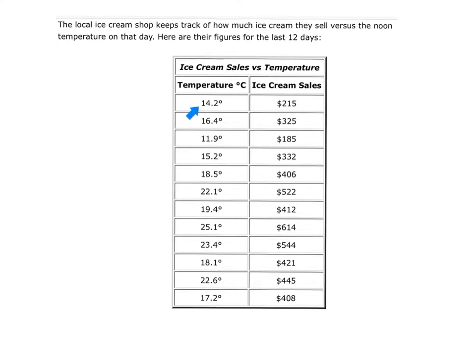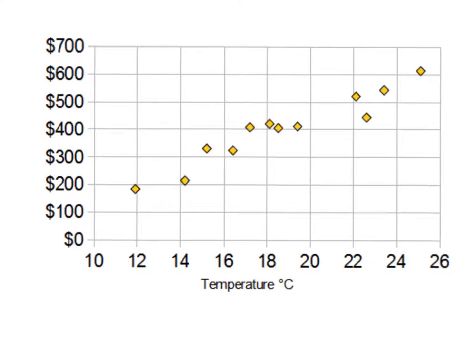On the first day, you can see that the noontime temperature was 14.2 degrees Celsius, and the sales for that same day was $215. Each one of these sets of values represents a point on our scatter plot. Let's take a look at the scatter plot. Here's our scatter plot.